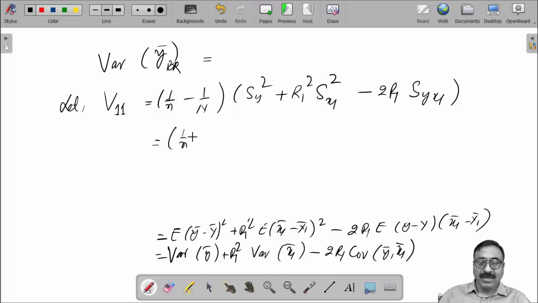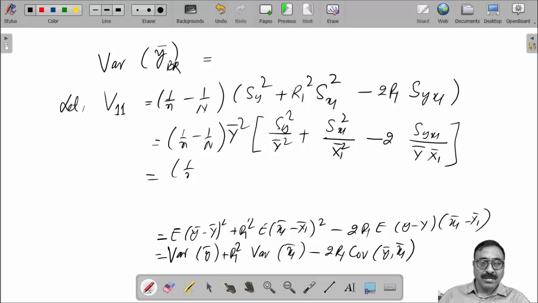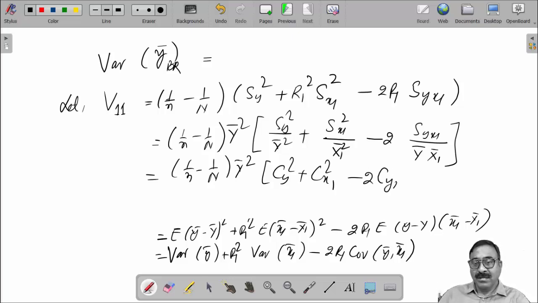that is equal to (1 by n minus 1 by N) Y bar square into (Sy square by Y bar square plus Sx1 square by X1 bar square minus 2 Syx1 by Y bar X1 bar), that is equal to (1 by n minus 1 by N) Y bar square (Cy square plus Cx1 square minus 2 Cyx1).